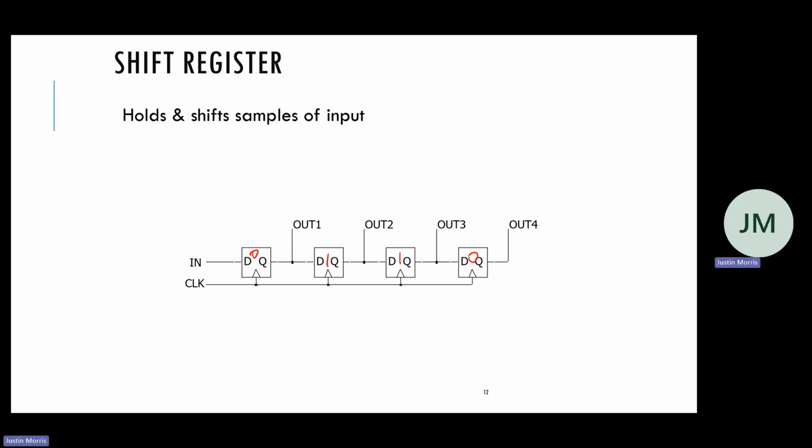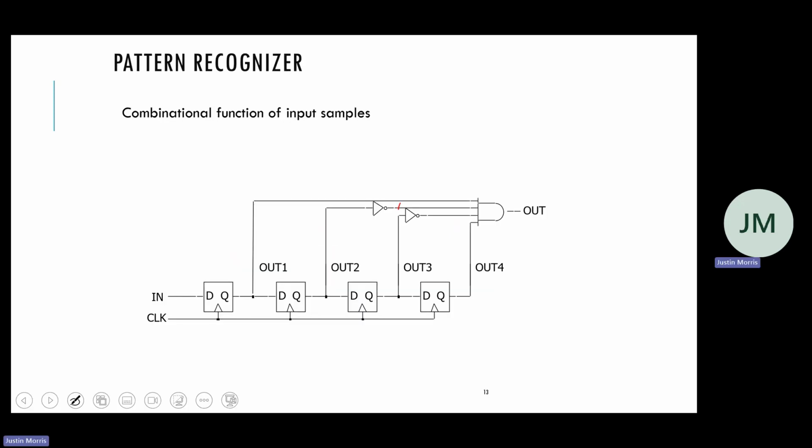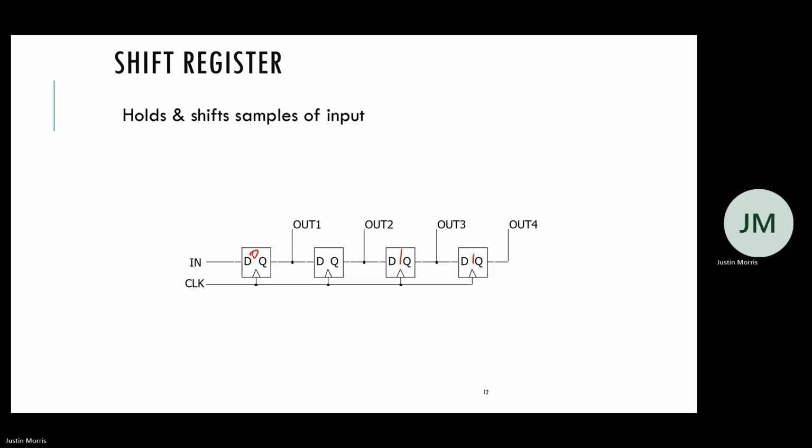Second clock cycle, we do the same thing. This is a 1, this is a 1. This is a 0, this is a 0. So we started out with 1, 1, 0, 0, and we ended up with 0, 0, 1, 1.